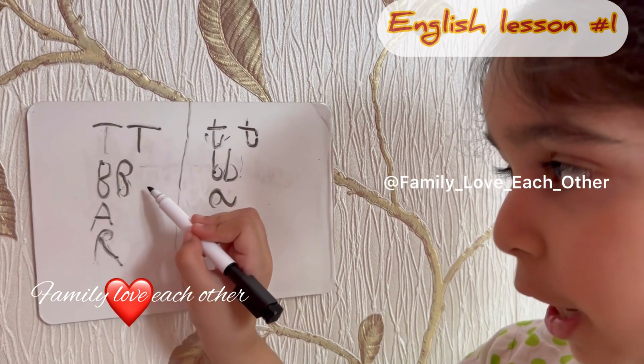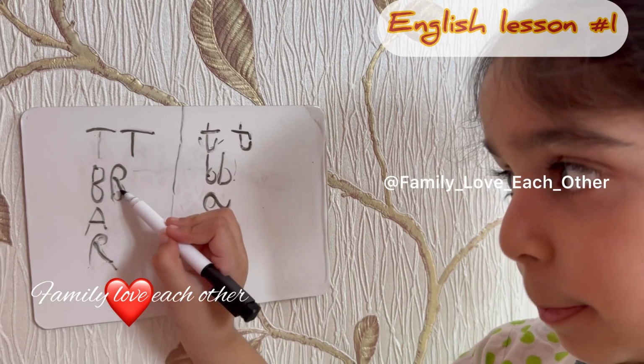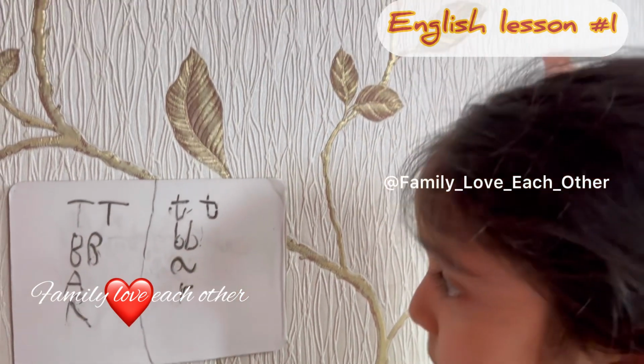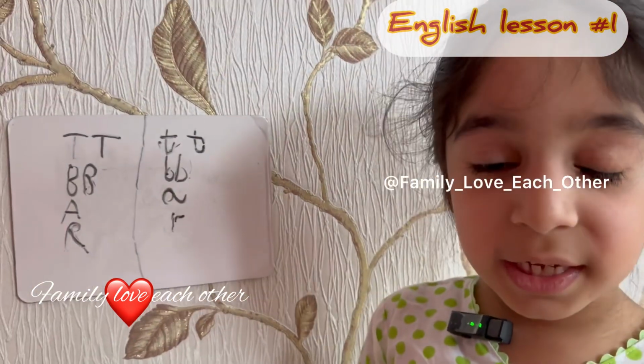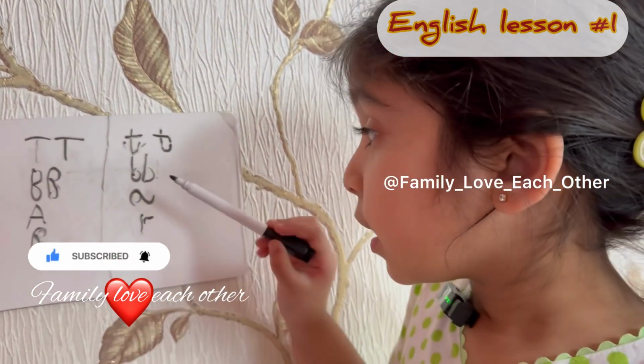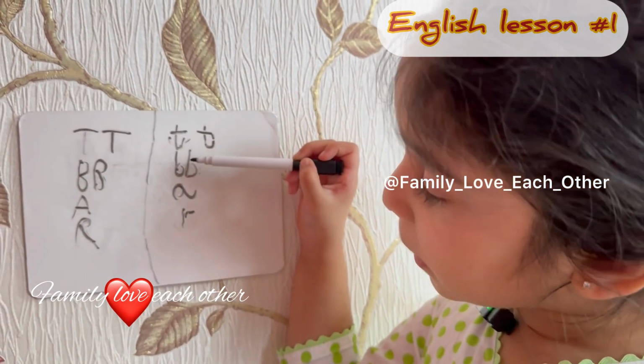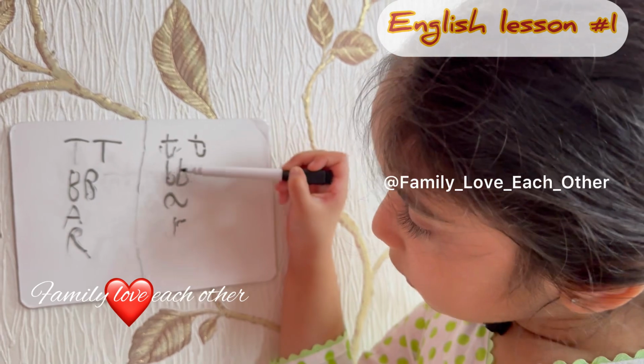This one we go line, we make a big stomach and a big head. That will be easy for you to remember. Here we add a line and a big tummy.